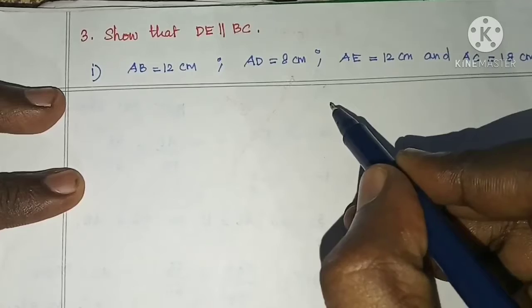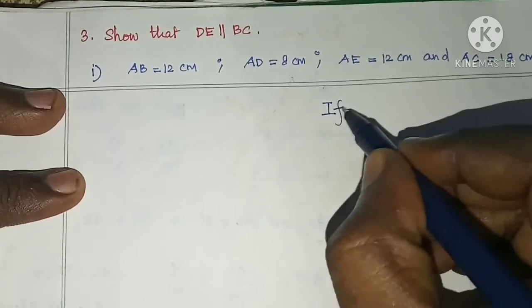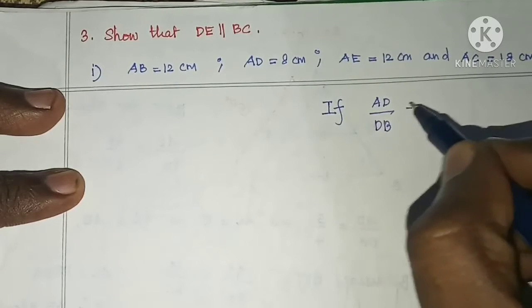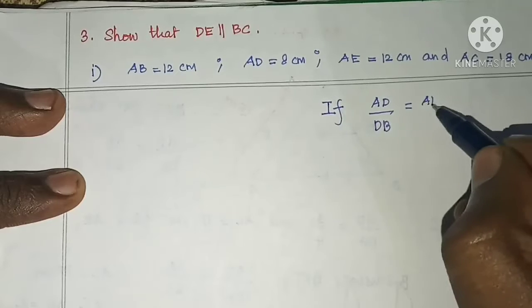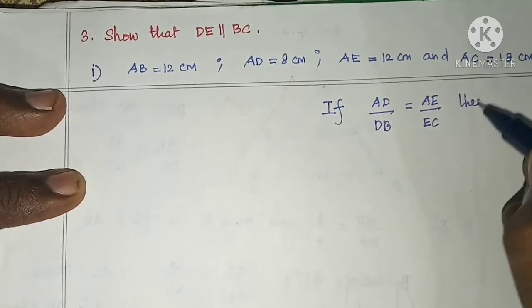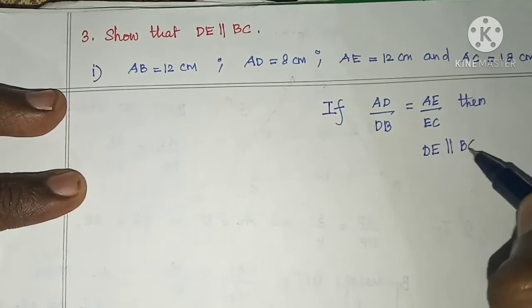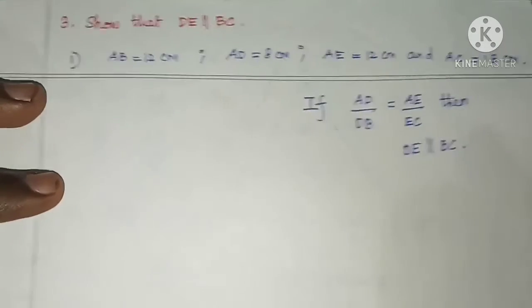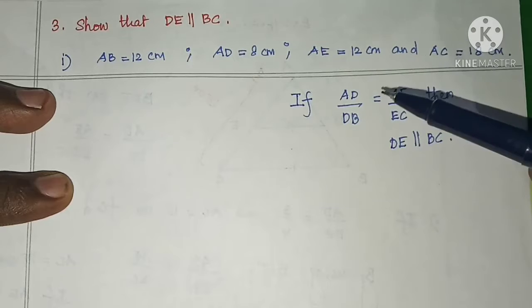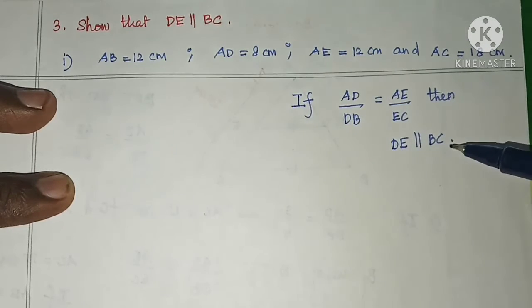Okay, the converse of the basic proportionality theorem is: if AD by DB equal to AE by EC, then DE is parallel to BC. Okay, if the given values satisfy this condition, it should be parallel to this one.